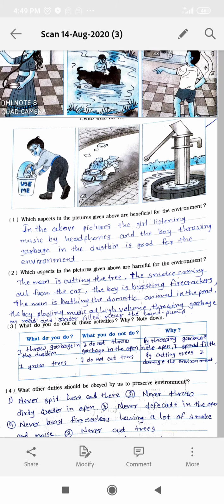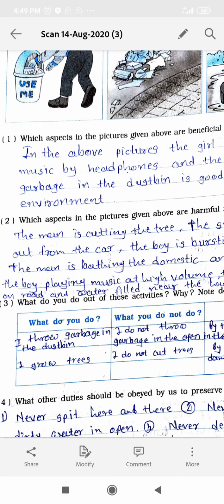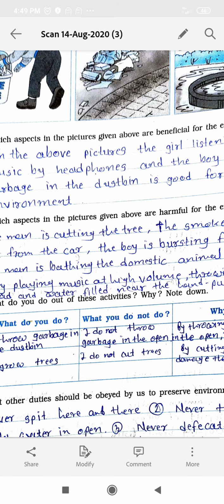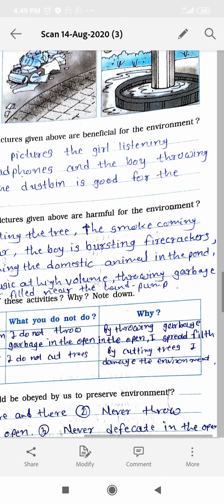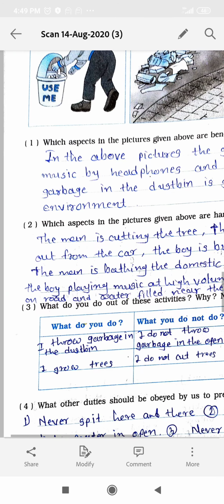And note them down. So here first, I throw garbage in the dustbin. Then what do you not do? I do not throw garbage in the open. And why? By throwing garbage in the open, I spread filth. Okay, so these are the reasons.